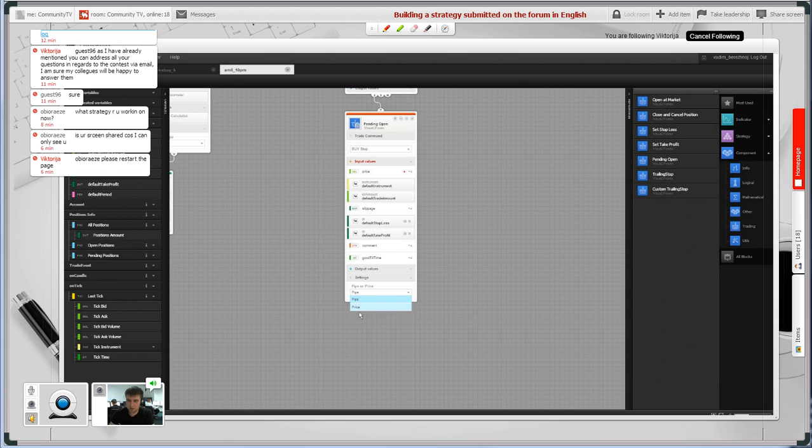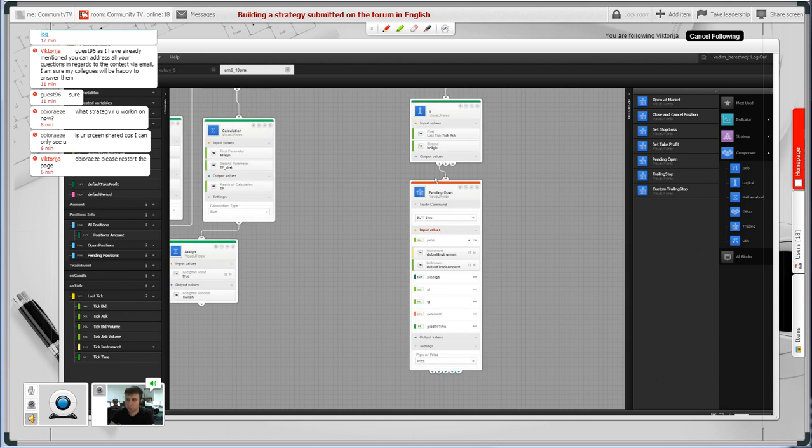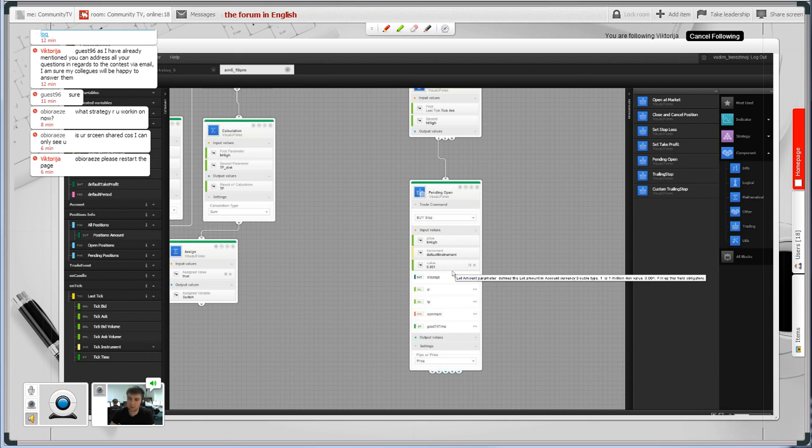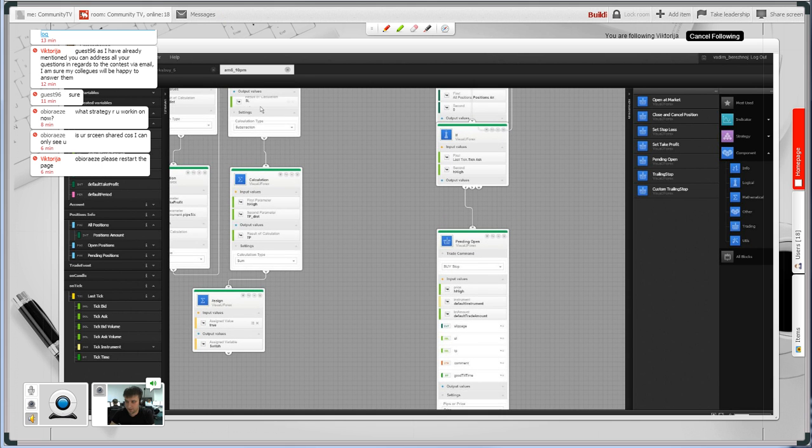In settings, I set prices. Once again, I place a stop order on the highest high level. Instrument, trade amount would be default, and I use already calculated stop loss and take profit levels.